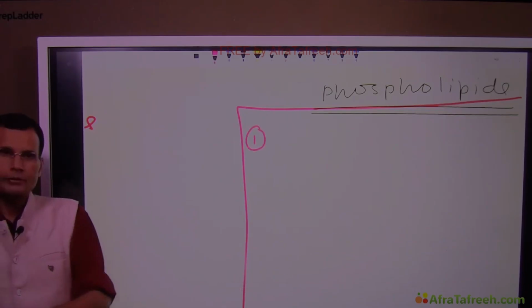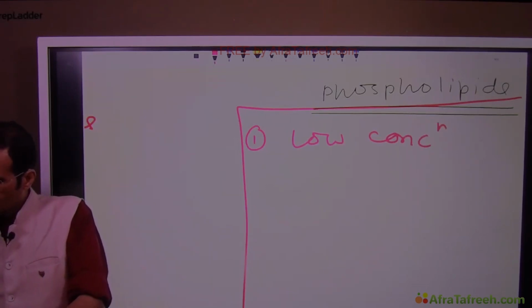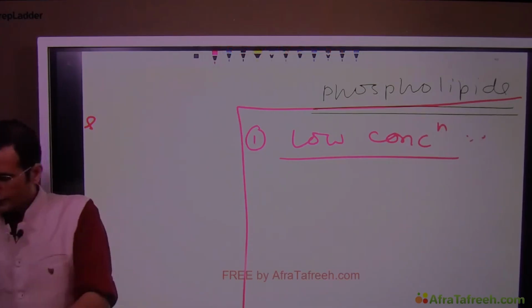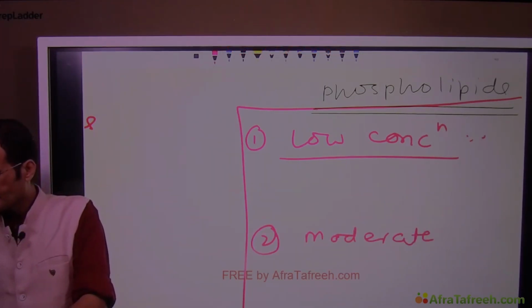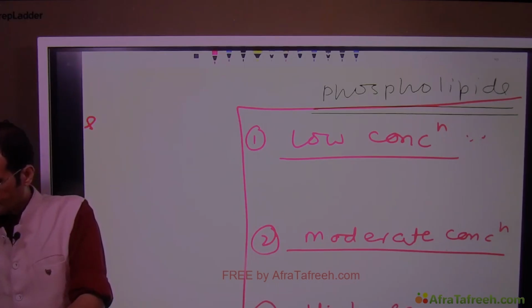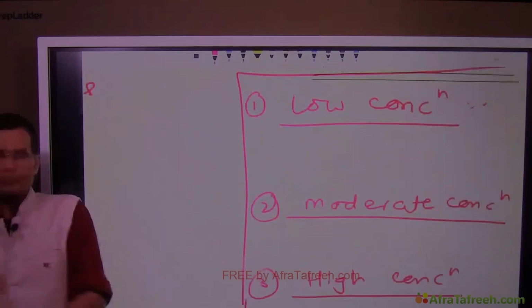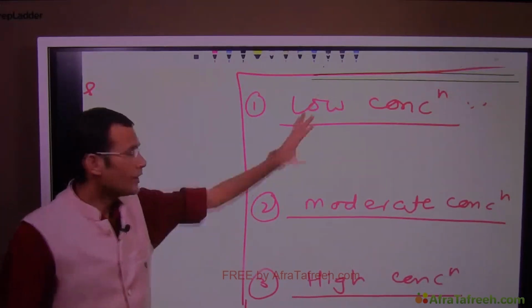First point, when they are in low concentration, wherever they are, then at moderate concentrations, how will they behave? And finally, at high concentrations, how will the phospholipids behave? And this is relative.